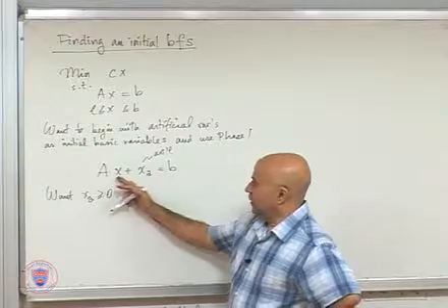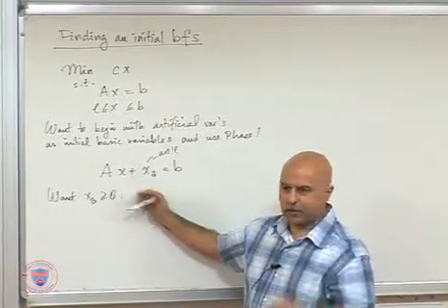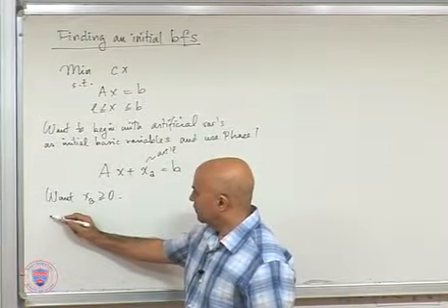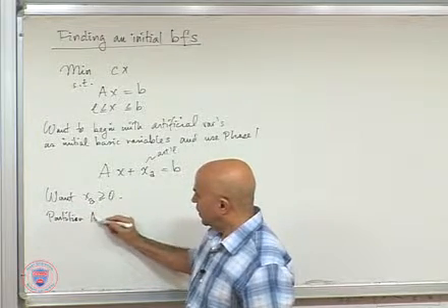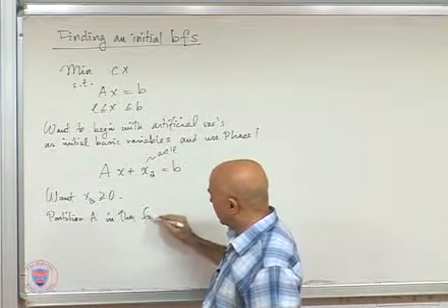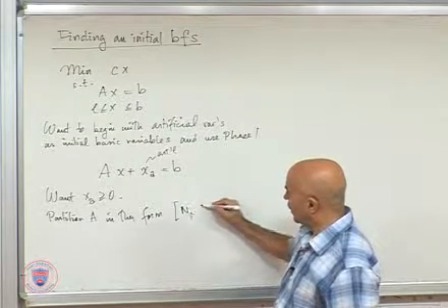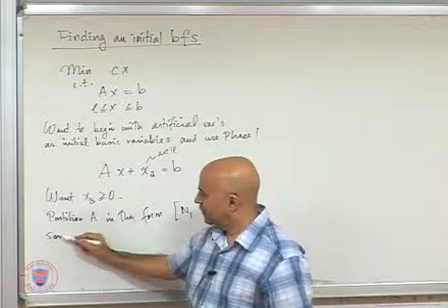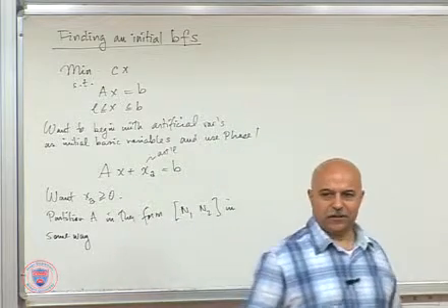Now, we cannot take x equal to 0 because x must be between the bounds. Okay? So in this case, partition A in the form N1, N2 in some way, meaning almost in an arbitrary way, okay?